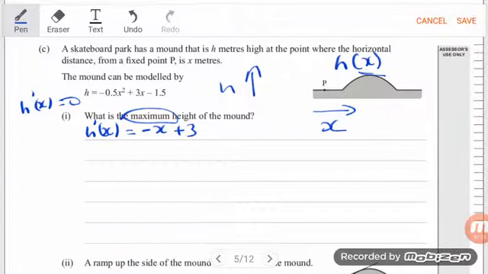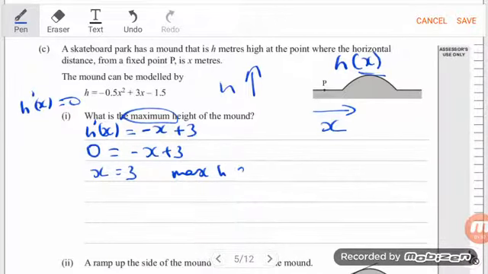Okay, so 0.5 is the same as half. Multiply half by 2, you're going to get 1, but it's a negative number, so be careful with your negatives. So 0 is equal to negative X plus 3. X is going to equal 3. So max height at X equals 3.